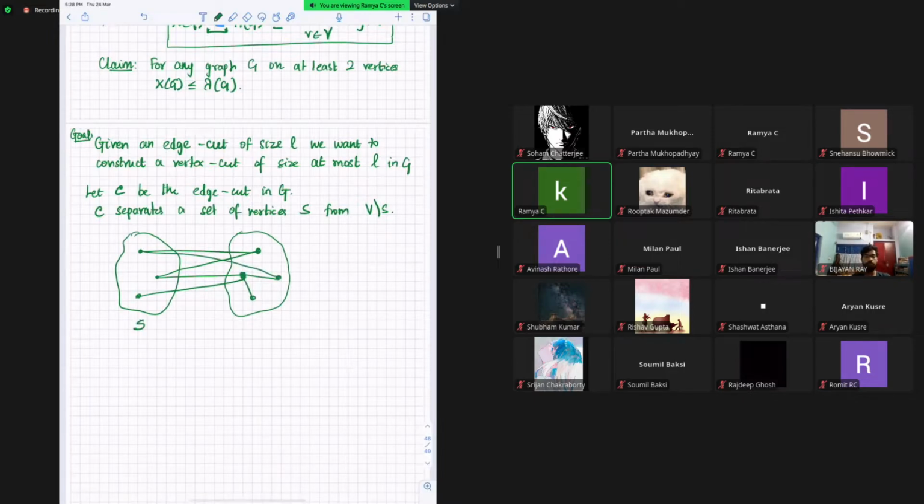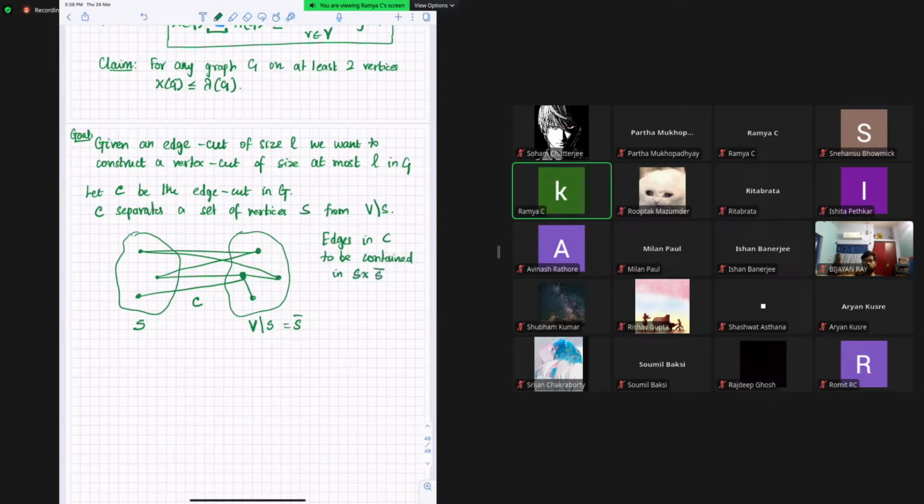This is the set S, this is the set V minus S. Let's just call this S complement. And these edges are the edges in C. So you can look at edges in C to be contained in the set S cross S bar.